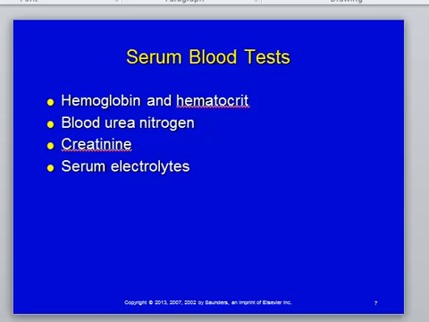Remember also that the kidney produces erythropoietin, which stimulates red blood cell production by the bone marrow. And it also metabolizes vitamin D into its active form, which is important, especially with calcium. So those may be some red flags for us as we look at our serum blood tests, but know that there are a lot of other differentials that you have to think about as well.